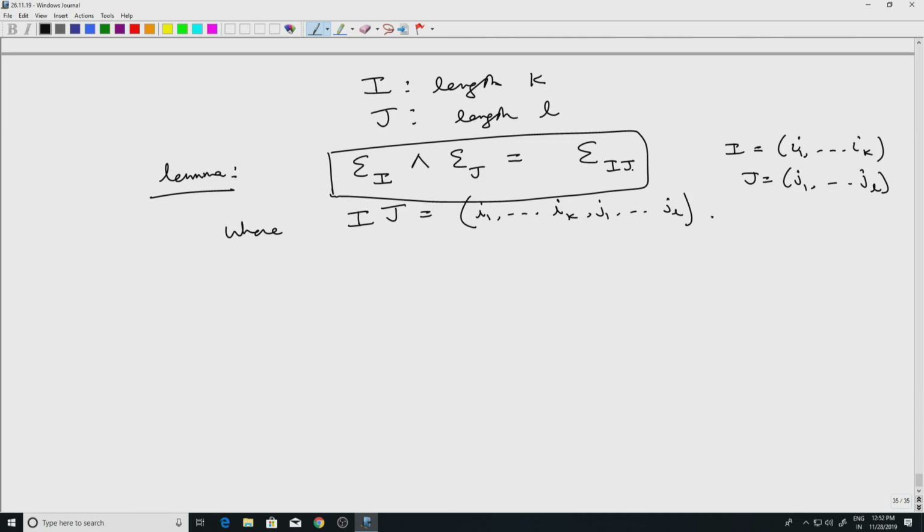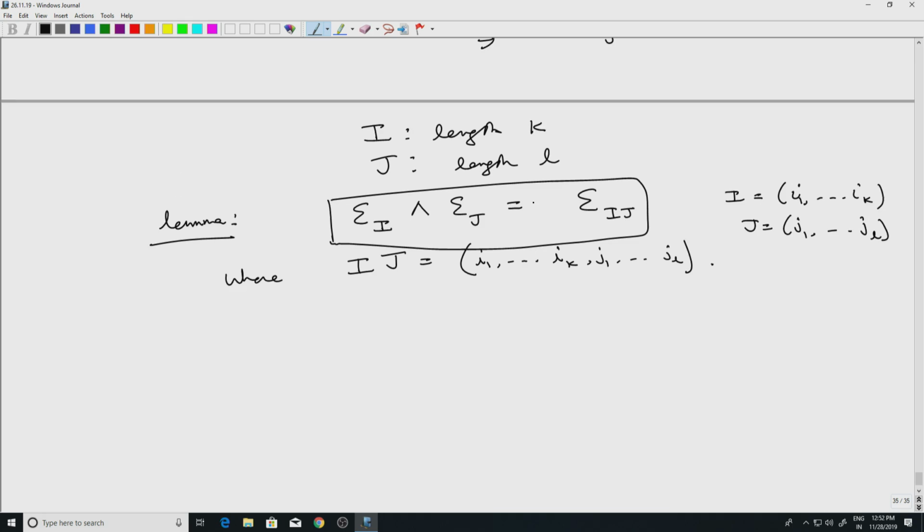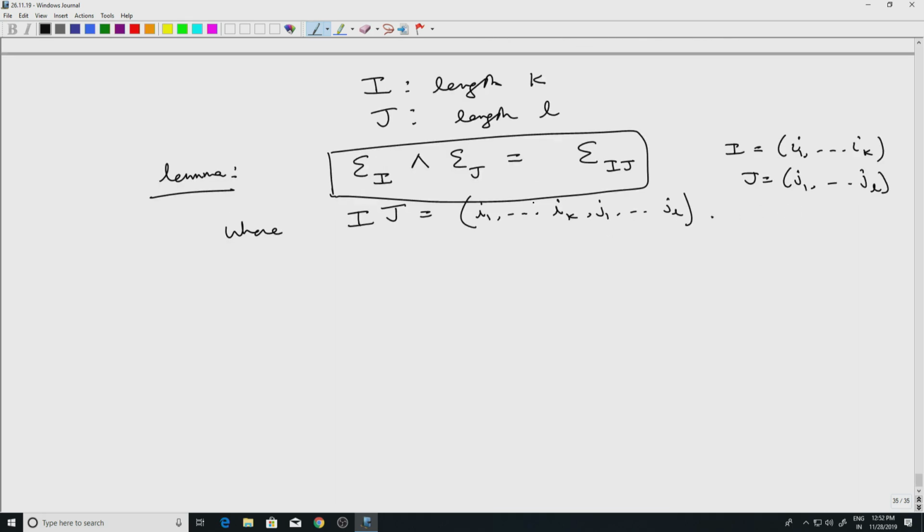Right, so as I was saying, this remark: IJ need not have entries in increasing order.